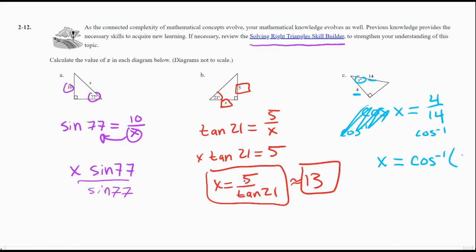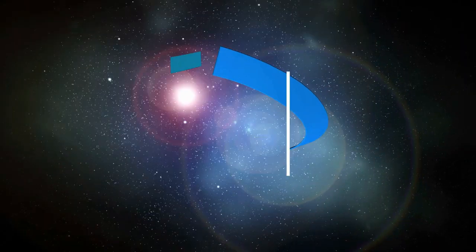Then I have the inverse cosine of 4 over 14. I could simplify that to 2/7 and leave it, or plug it into a calculator and get my actual number that should be in degrees, unlike the first two, to get 73.4 degrees.